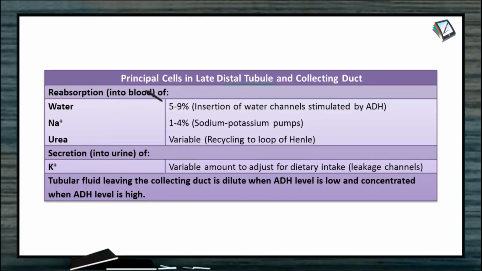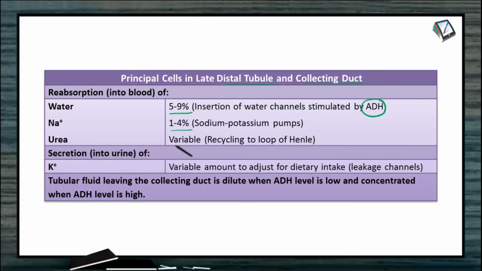So, coming to the reabsorption of substances in principal cells in the late distal tubule and collecting duct. Water up to 5 to 9% is reabsorbed into the blood. The water is reabsorbed by the insertion of water channels which are stimulated by ADH, that is antidiuretic hormone. Sodium ions up to the level of 1 to 4% through sodium-potassium pumps are reabsorbed.